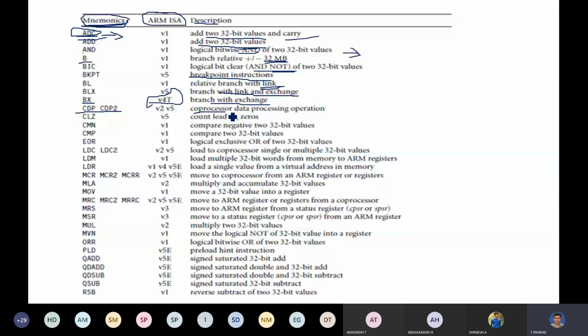Value from MCR2. So it is from ARM register to co-processor register. So MCRR, the 32-bit, and MOV, that is a move register.